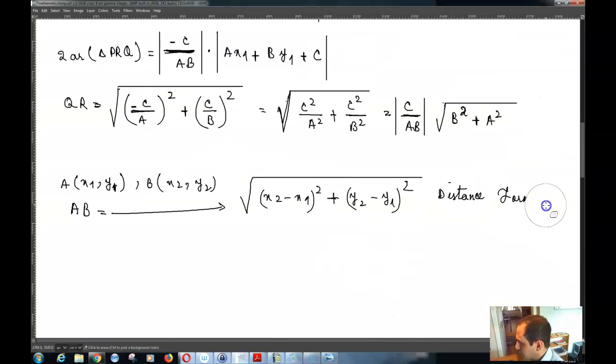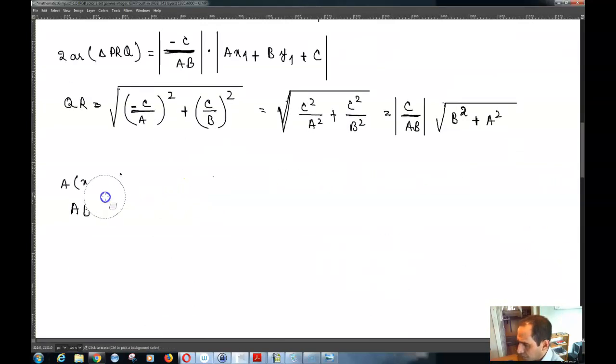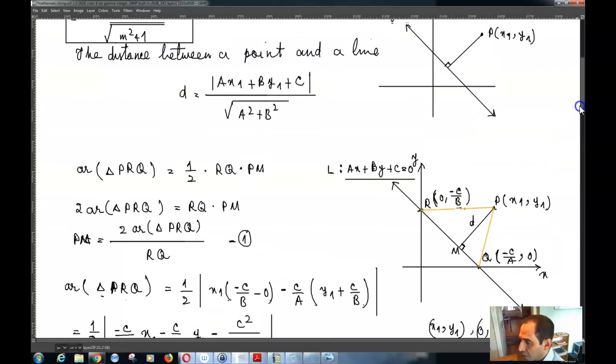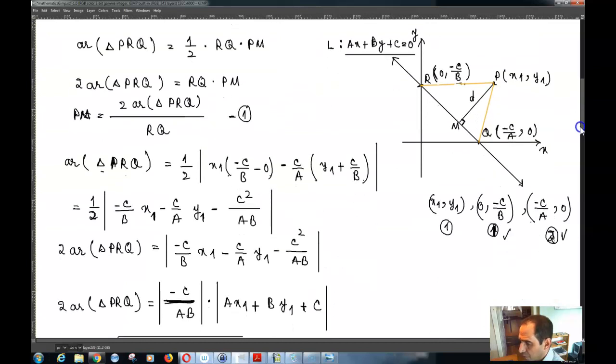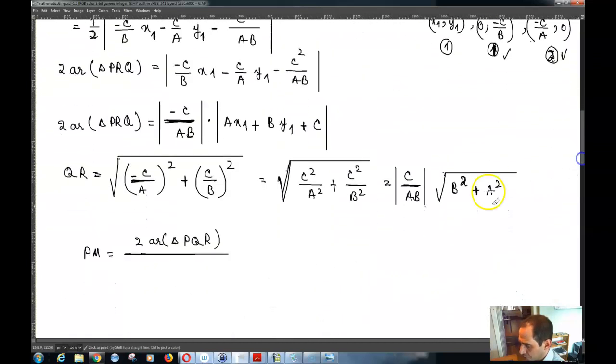We said that basically PM is equal to 2 times the area of the triangle PQR divided by RQ.